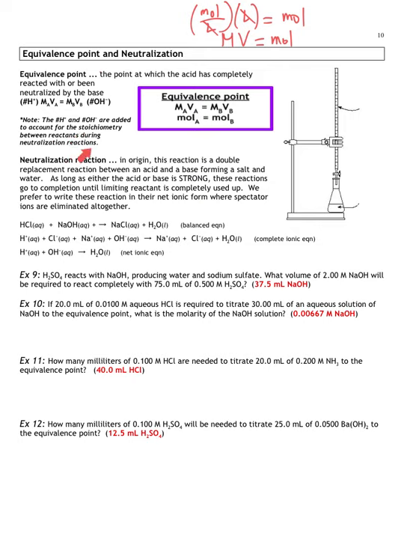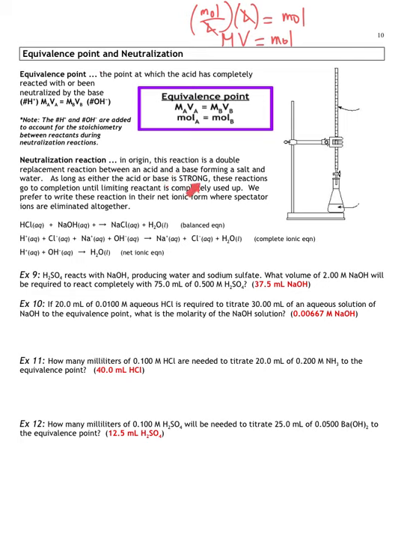So the hydrogen ion and the hydroxide ion numbers are really added to account for the stoichiometry between the reactants during the neutralization reactions. So what is a neutralization reaction? In origin, this reaction is really a double replacement reaction, and it's between an acid and a base forming a salt and water. We'll see it down below as an example. As long as either the acid or the base is strong, these reactions go to completion until the limiting reactant is completely used up.